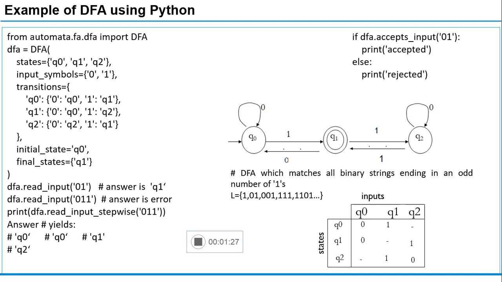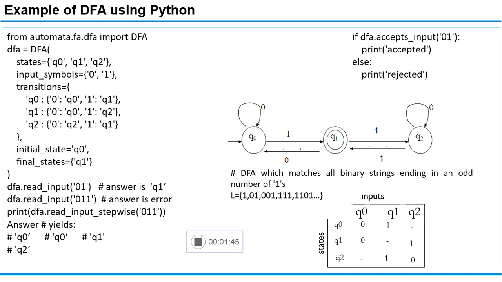Next, Q2 reading 0 moves on to Q2 itself, and Q2 reading 1 moves on to Q1. So all the transitions have been mentioned.